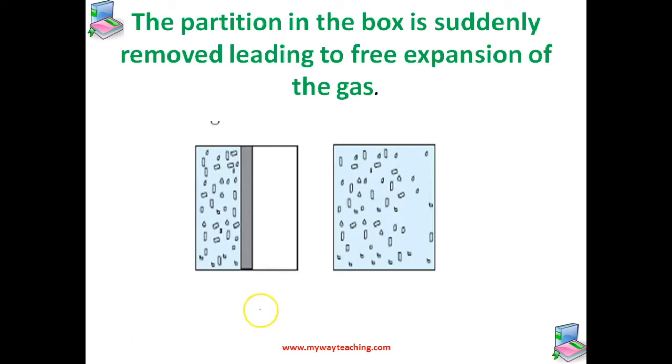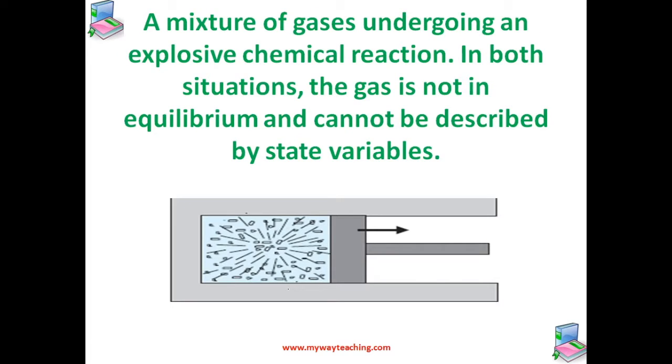Similarly, a mixture of gases, such as petrol vapor and air, when they ignite and produce a spark, undergoes an explosive chemical reaction. That is also not an equilibrium state because their temperature and pressure are not uniform. Eventually the gas attains a uniform temperature and pressure and comes to thermal and mechanical equilibrium with its surroundings with the exchange of heat energy.